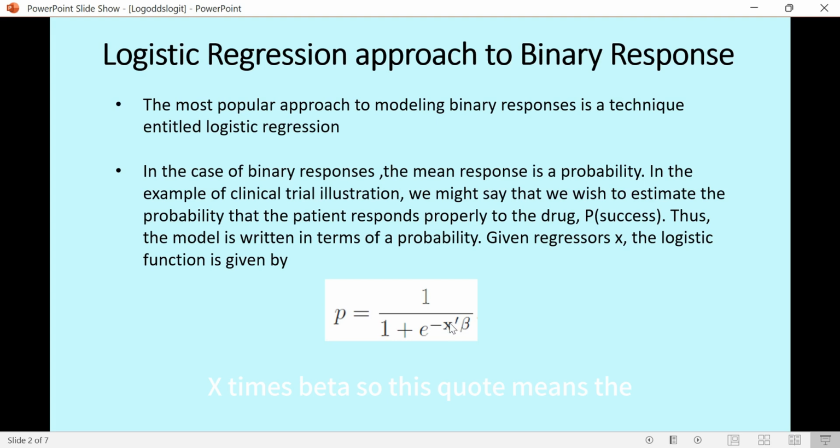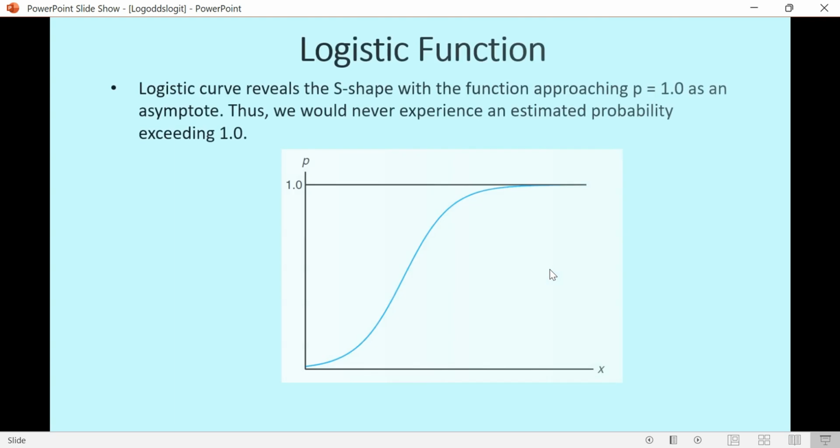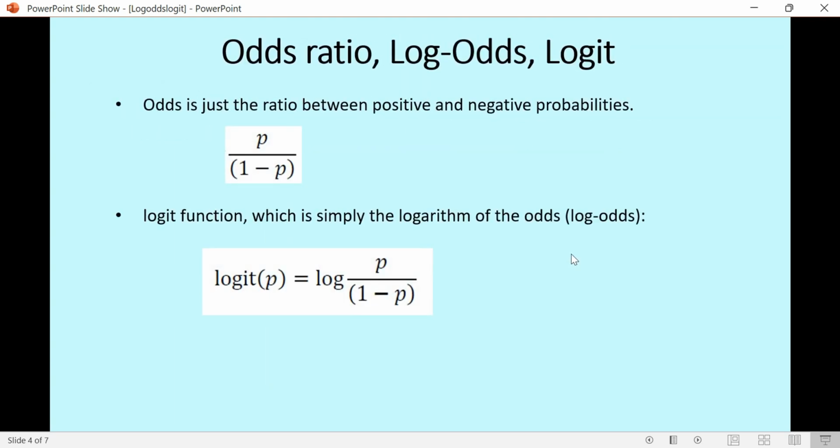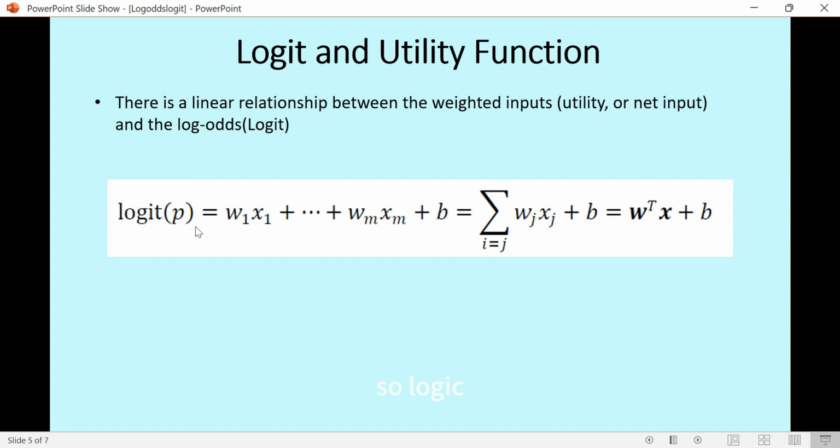The x transpose times beta is a scalar, the dot product of explanatory variables and parameters, and it equals the logit. So the logit, the log odds ratio, equals the product of the parameters and the explanatory variables, or the patient's information. This is a quite important relationship.